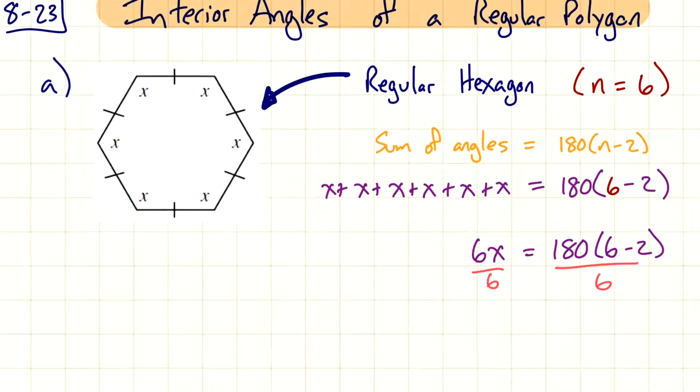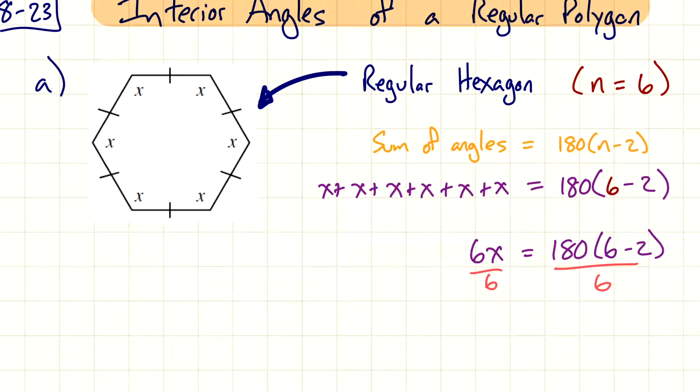And we're going to be left with x equals 180 times 6 minus 2, divided by 6. This is the first part. I didn't do the subtraction yet because I want you to see the answer in this form. We just figured out what the interior angle equals.